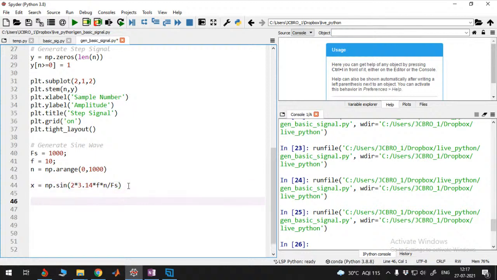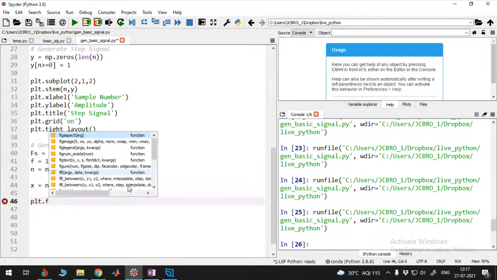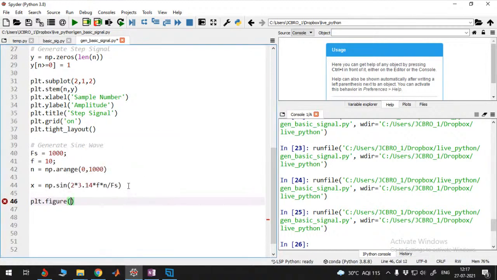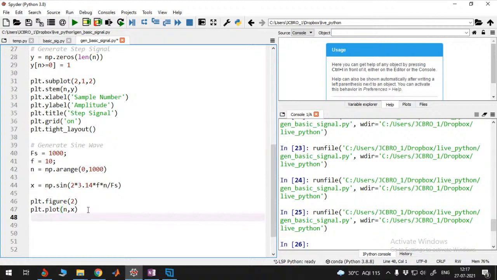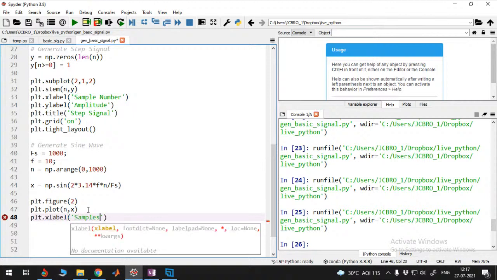And now we will plot. Because we want to plot on a different window, we'll create a different window by this figure command. It will be the second figure, and then plt.plot. Remember we are plotting n versus x, right? So it is the sample number, so we'll type plt.xlabel samples.